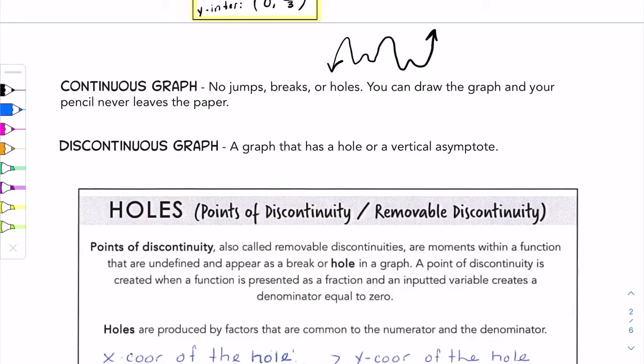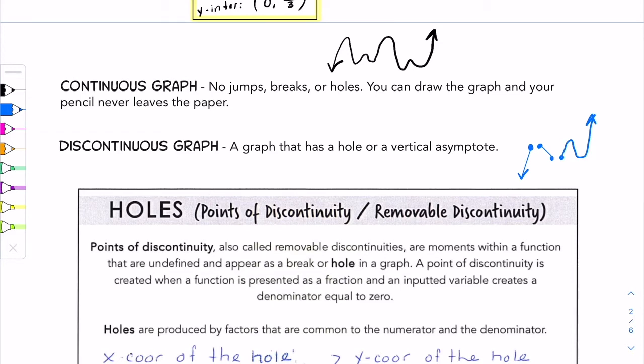A discontinuous graph is the opposite. It's when your graph has different parts to it. This graph has different endpoints and starting points. Think back to when we did piecewise functions, which was just a few weeks ago. Those are examples of discontinuous graphs.